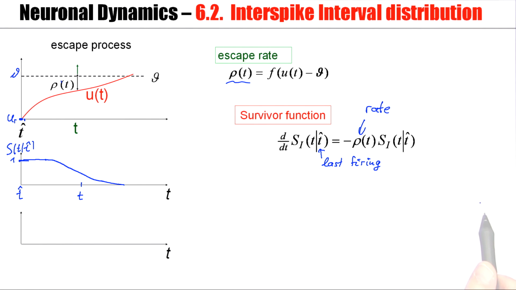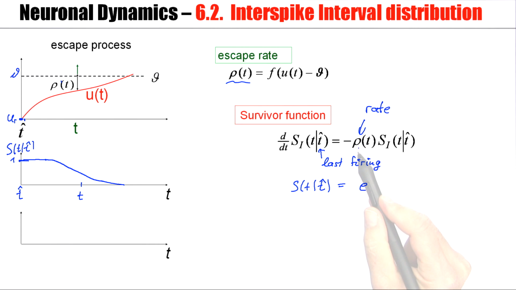Now we can integrate this equation. So S of t given t hat always starts at 1. Now this is just like radioactive decay, but with a time-dependent decay constant.